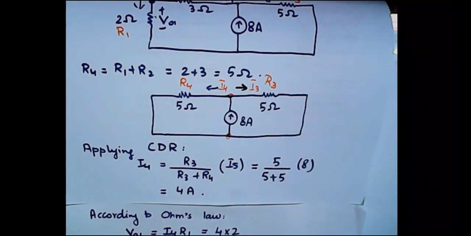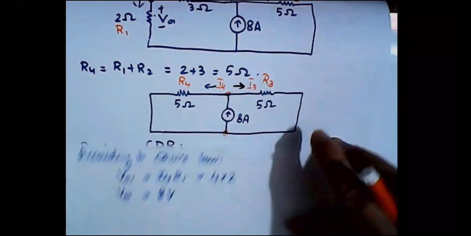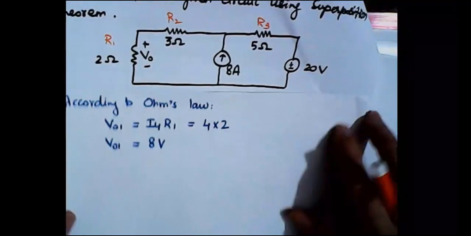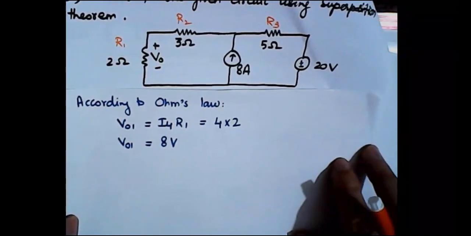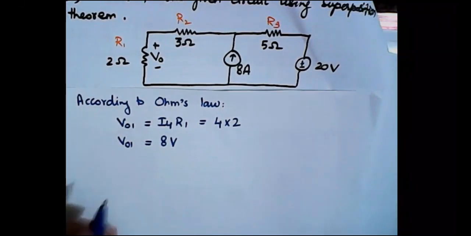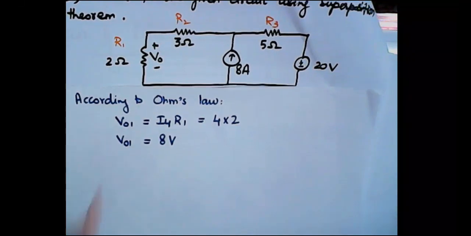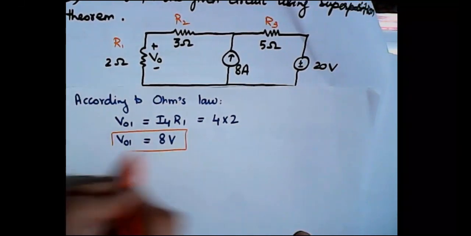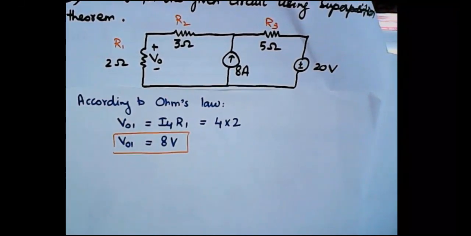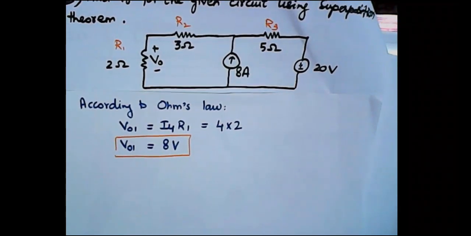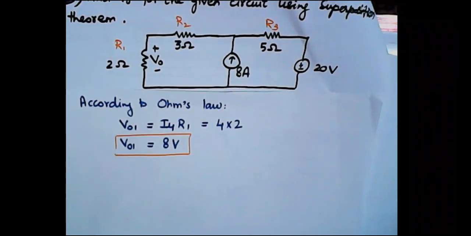So V01 is equal to 8 volts. Clear? V01 is equal to 8 volts, right? So we have found out the contribution due to which source? Due to the current source.